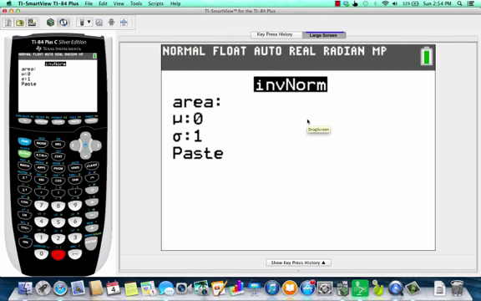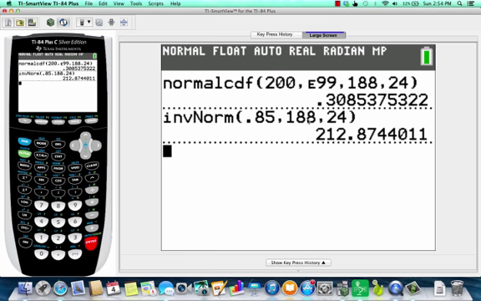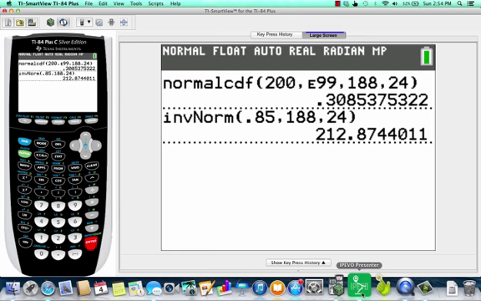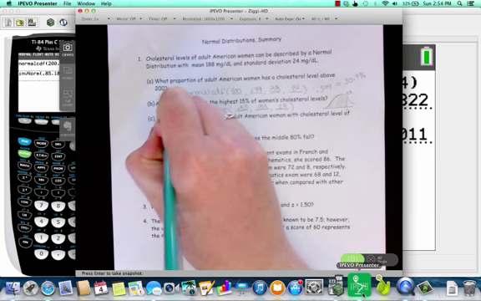That area is 0.85, with a mean of 188 and a standard deviation of 24. I'm going to paste that into my inverse norm, and it's going to calculate. So above what value? That means the highest 15% have a cholesterol value above 212.9.